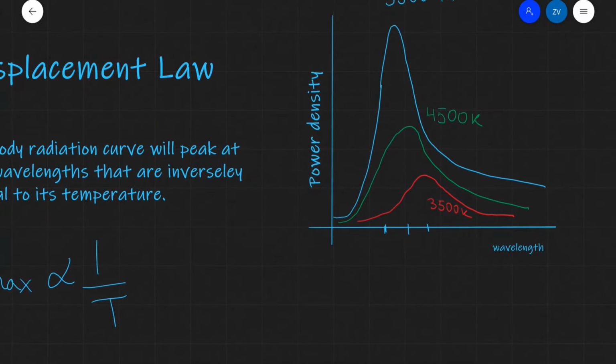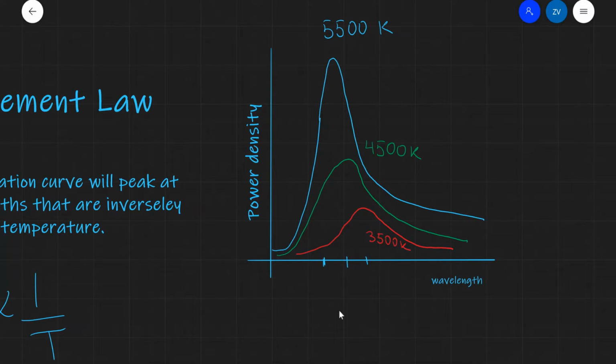Now, if we raise the temperature to different amounts, the peak wavelength will be different. The higher the temperature, the lower the wavelength. For instance, if I had a pretty high temperature, about 5,500 Kelvin, you're going to see that my peak wavelength is down here.